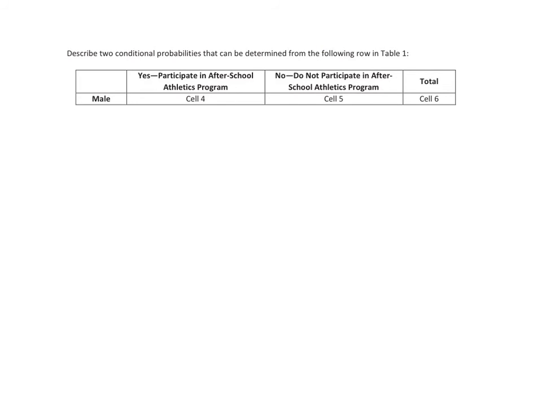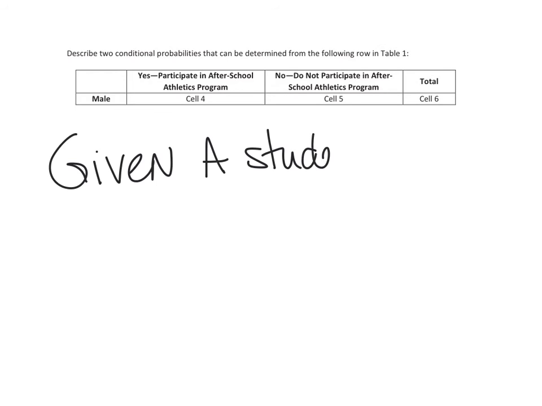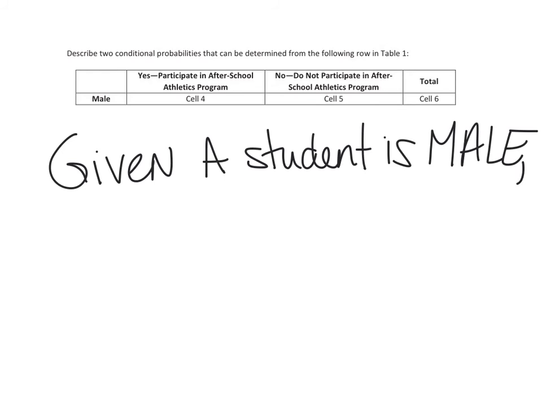So our last question here says, describe two conditional probabilities that can be determined from the following row in table 1. Okay, so the given is going to be wherever that total is, remember. Do you know the total of the participating in after school, not participating, or male? So since I know the total male, I have to be given a student is male. So given a student is male, there's my condition.